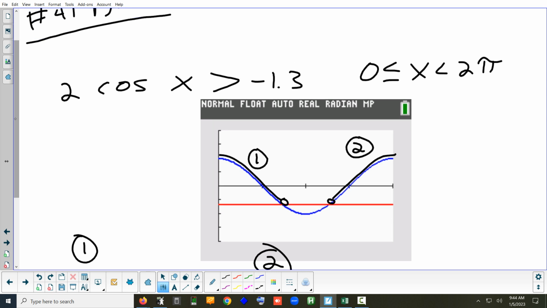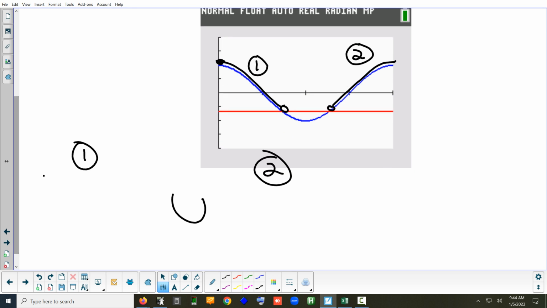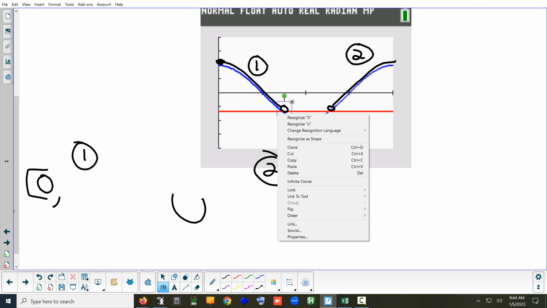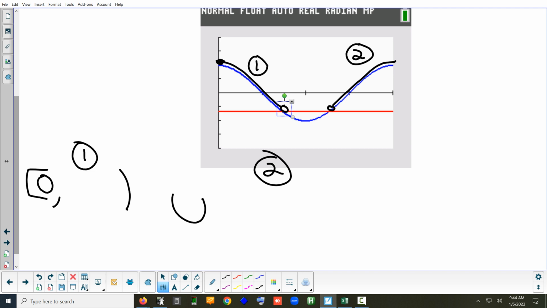Can we include, or do we not include the 0? We do include it, because it says to include it. So that means interval 1 starts at 0, including it. And I don't know where it's going to stop yet, but I'm not going to include it. I know that much.